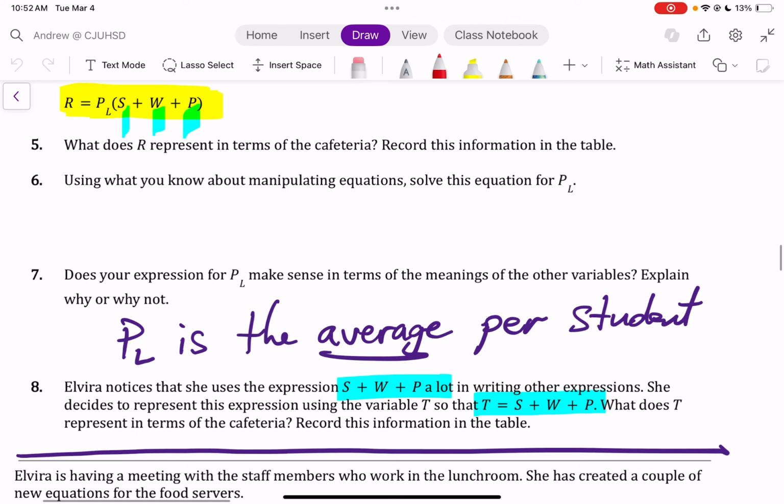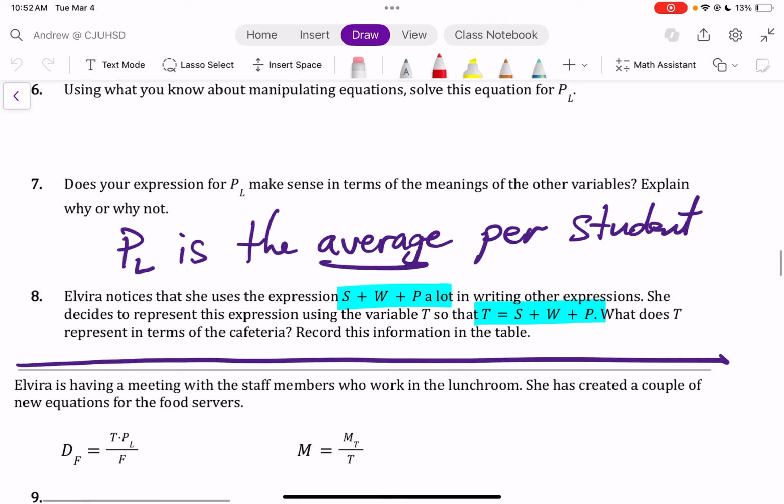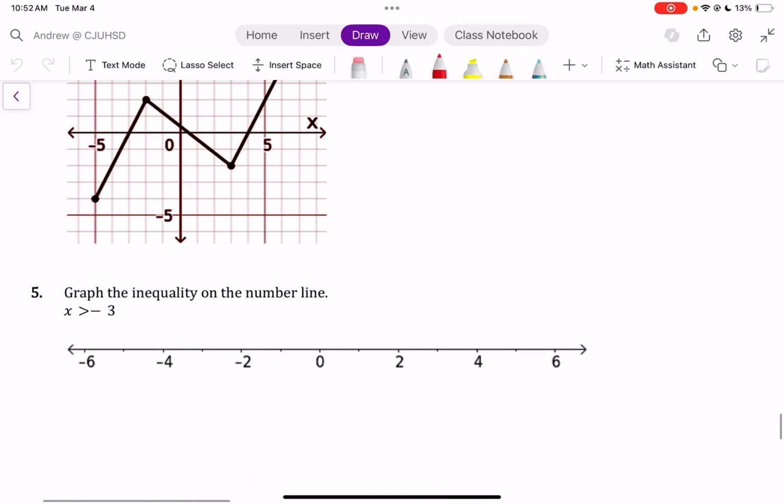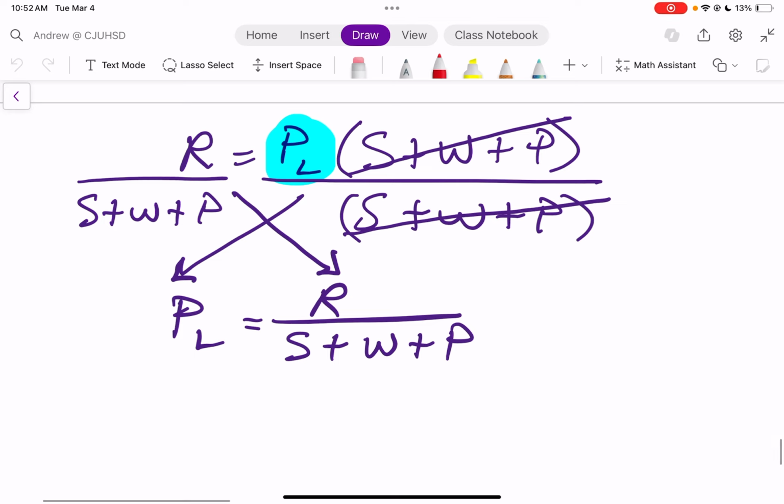So does P sub L make sense as an average? Well, let's take a look. Let's go over here to page 15. All right, so there we've solved for P sub L. In other words, we got P sub L on one side of the equation all by itself.